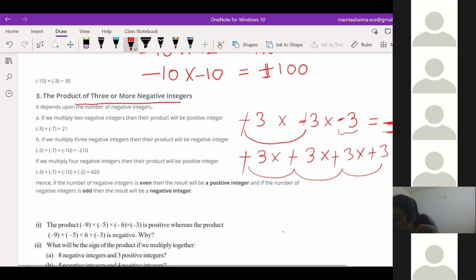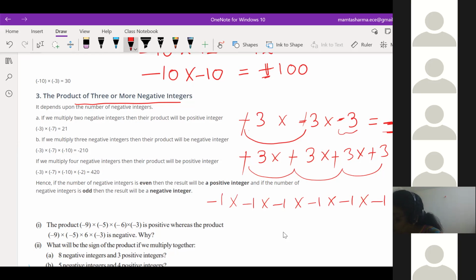Okay, so if we multiply 6 negative numbers, what would be the sign in the result? All 6 are negative, so it will be positive, because it is an even number. If I multiply -1 six times, what would be the sign in the result? Positive.